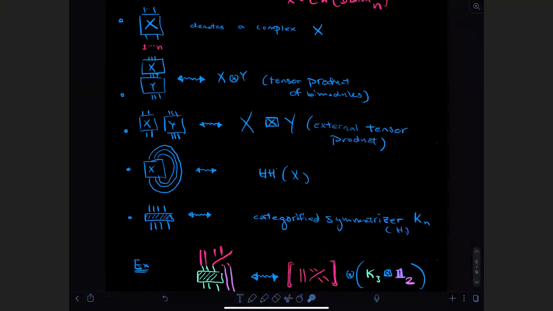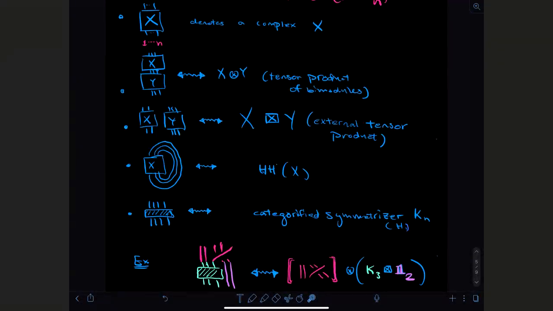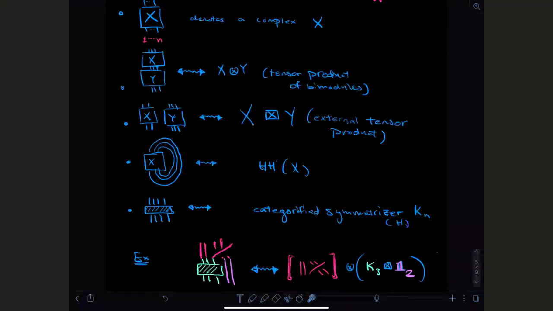The operation of vertical concatenation is this tensor product of bimodules, and horizontal juxtaposition is this external tensor product. So the complex represented by this diagram could be written in more traditional language, but we'll very much prefer the diagram. It's much more compact, and we can use the intuition from skein theory to think about things.